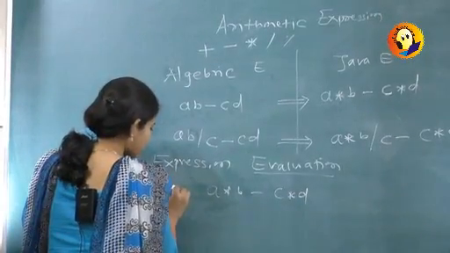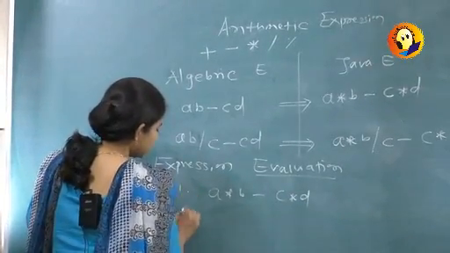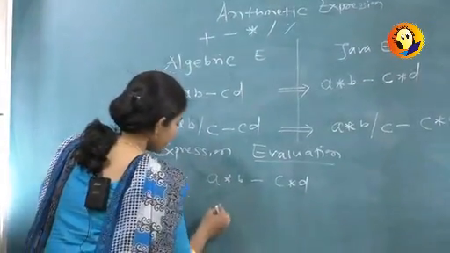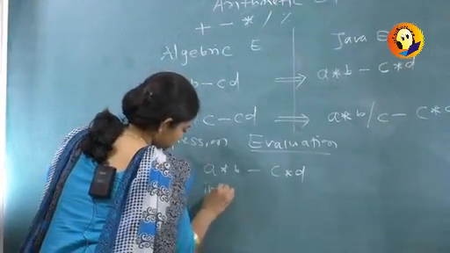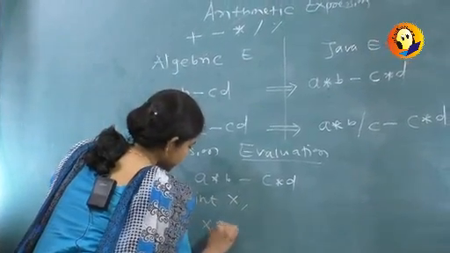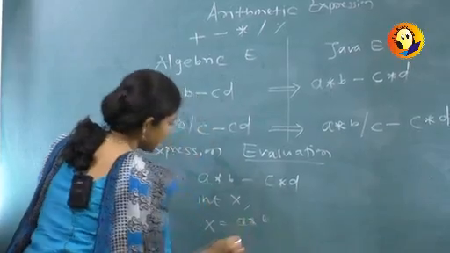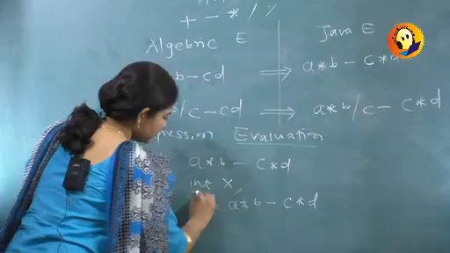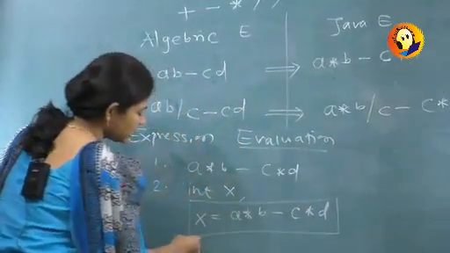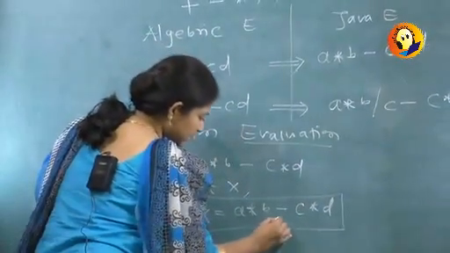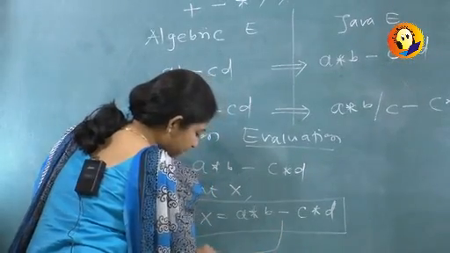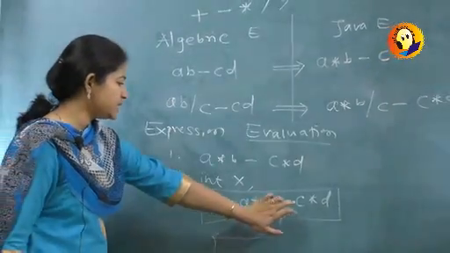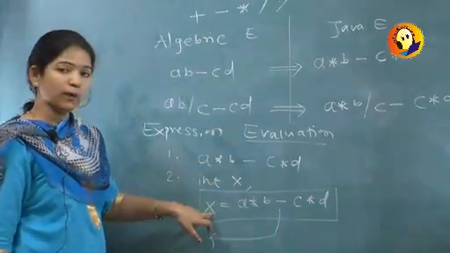This is the given expression. Now assign the value of this expression to a variable. Consider variable x: int x is equal to A multiplied by B minus C multiplied by D. This is called expression evaluation. Currently this expression is assigned to the variable x, and if we assume the values of a, b, c and d, we will get the result of x.